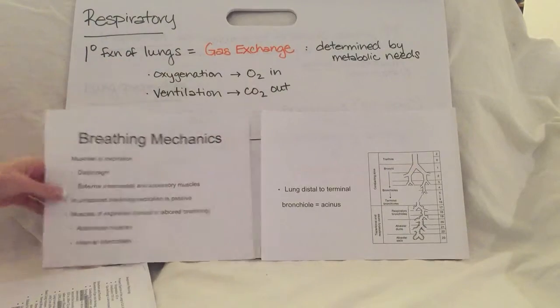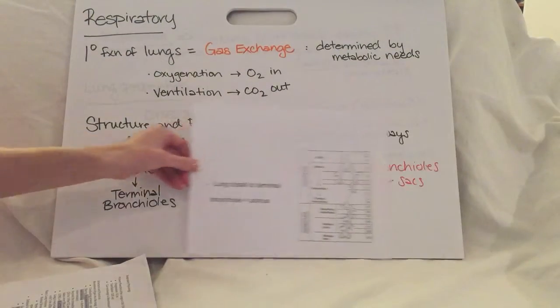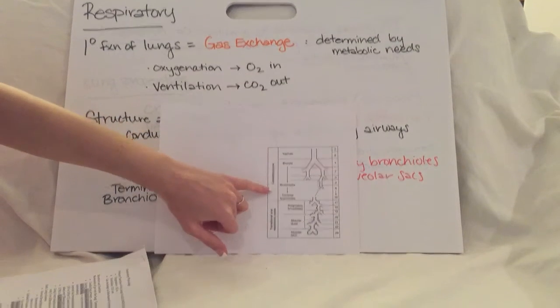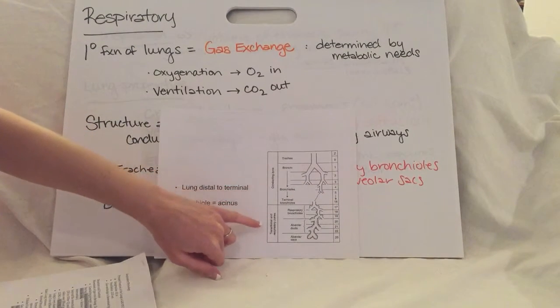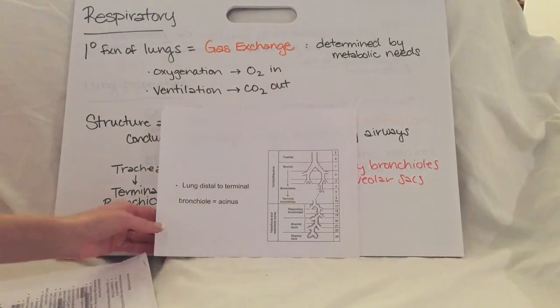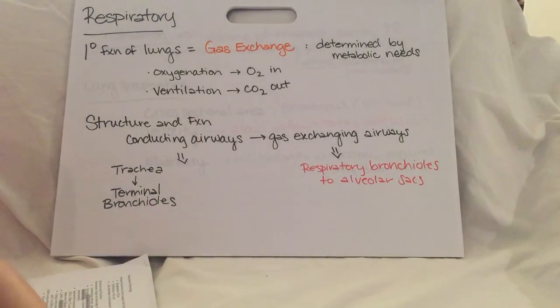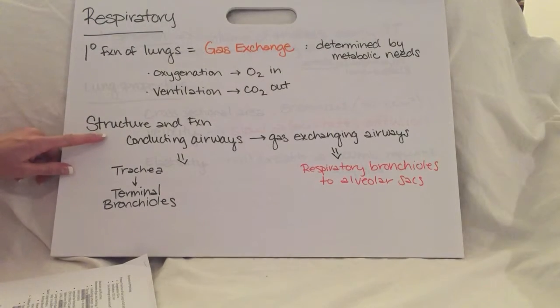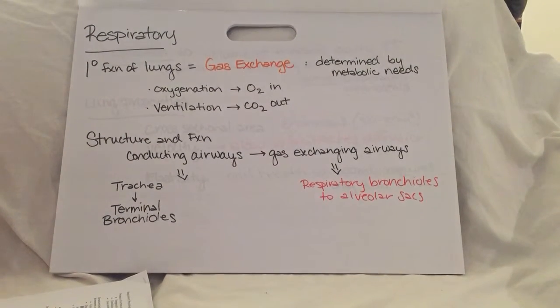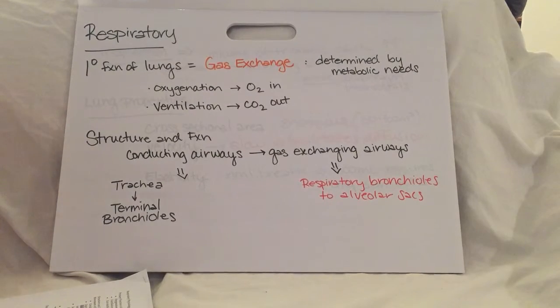The structure of the bronchioles starts with the conducting zone, down from the trachea through the terminal bronchioles, and the transitional and respiratory zones include the respiratory bronchioles down to the alveolar sacs. Our conducting airways are essentially anatomic dead space.